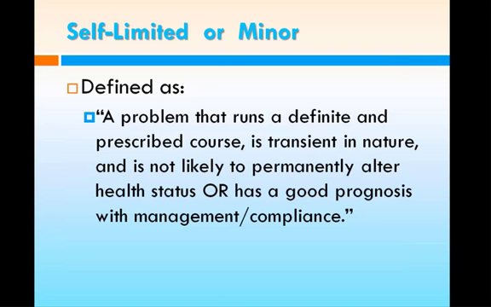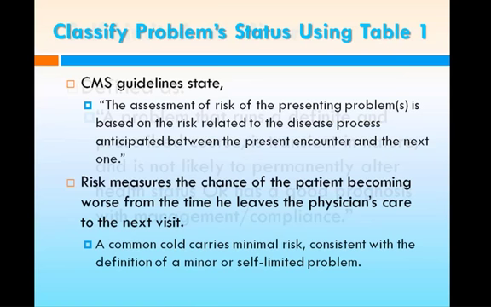As the CMS guidelines state, the assessment of risk of the presenting problem is based on the risk related to the disease process anticipated between the present encounter and the next one. So risk measures the chance of the patient becoming worse from the time he leaves the physician's care to the next visit. A common cold carries minimal risk, consistent with the definition of a minor or self-limited problem.